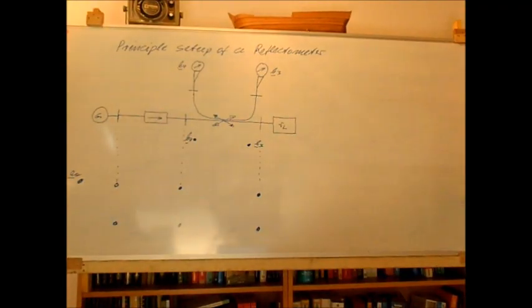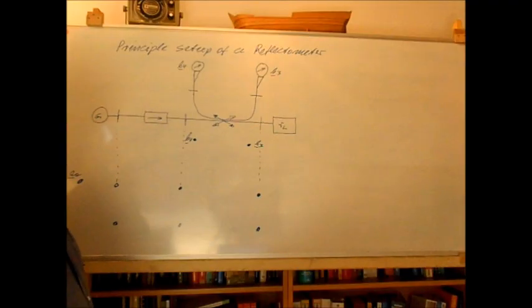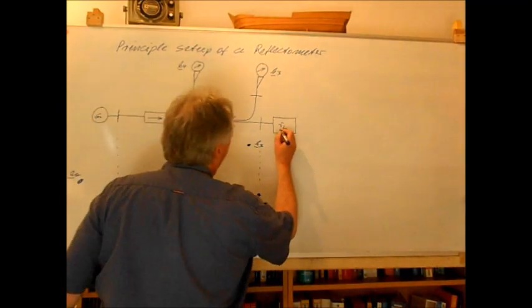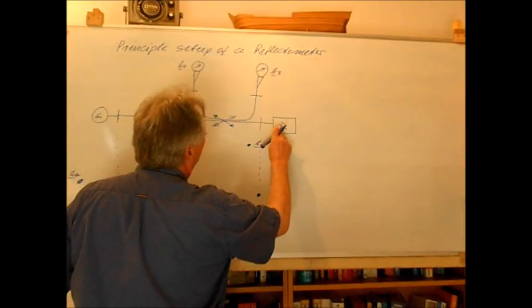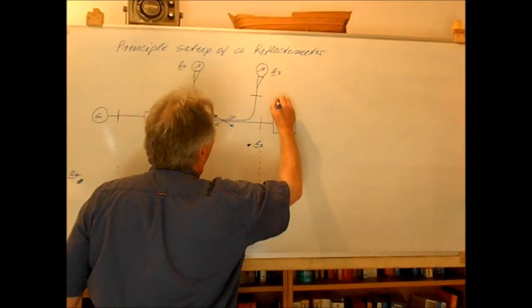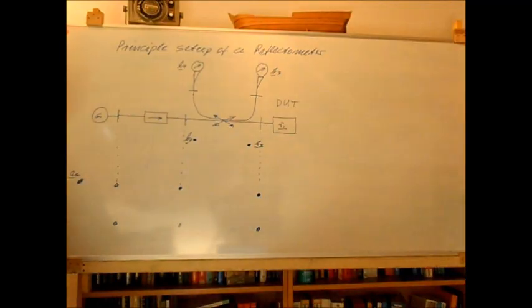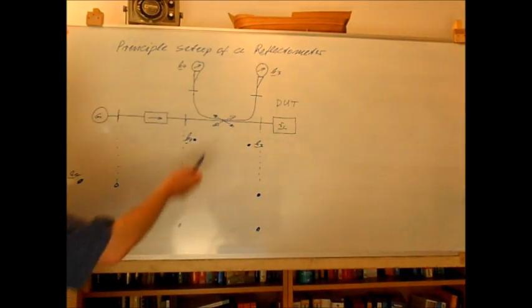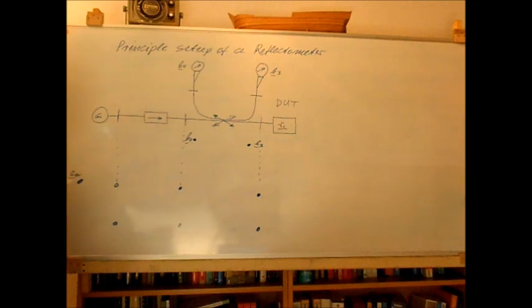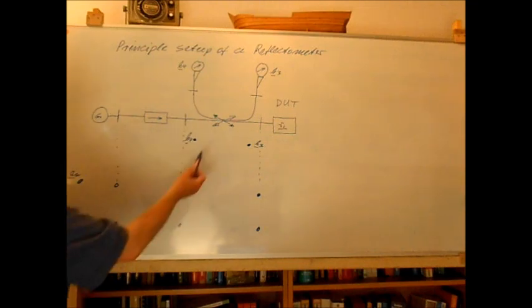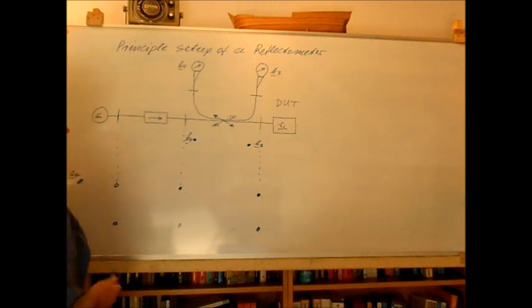I want to discuss now with you the principal setup of a reflectometer. The purpose of the reflectometer is to measure the reflection coefficient of our load here, sometimes called DUT, device under test. And what we need to measure the reflection coefficient of this device under test is of course first the generator.